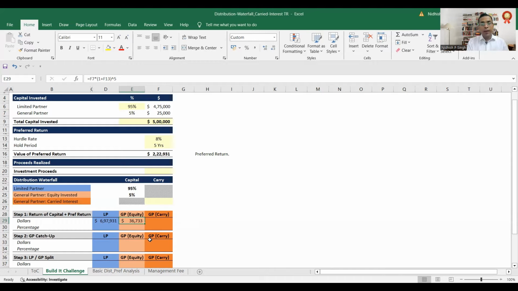However, when we calculate the GP carry, it will be only based on this number, which is not including the preferred return on GP money. Hence, after returning the total return of capital and preferred return both in these two sales, we can check how much money is left for GP catch-up.